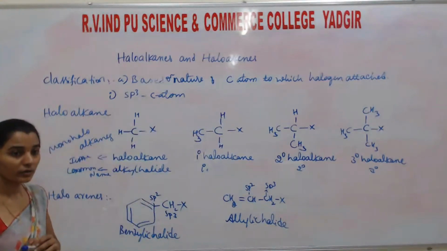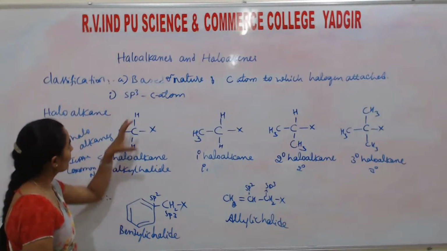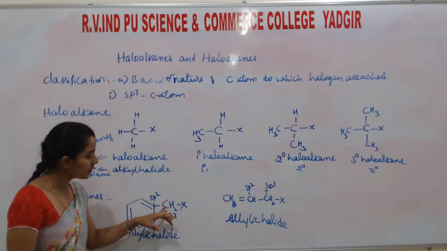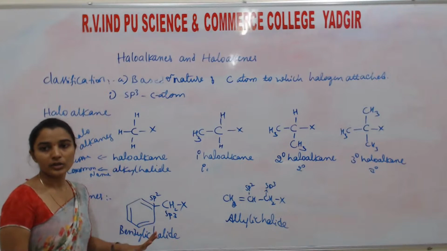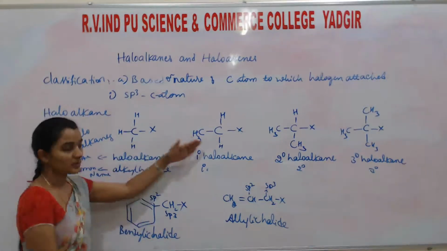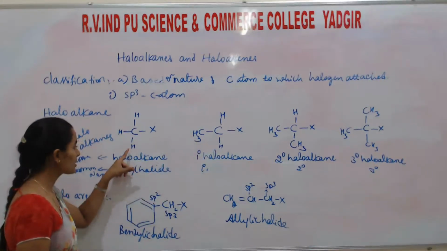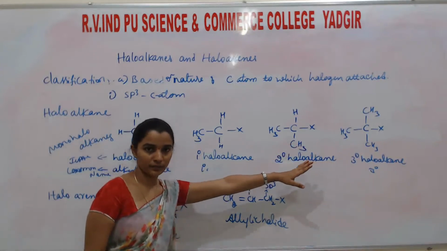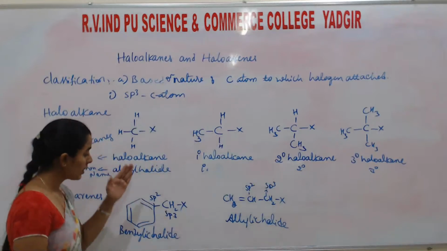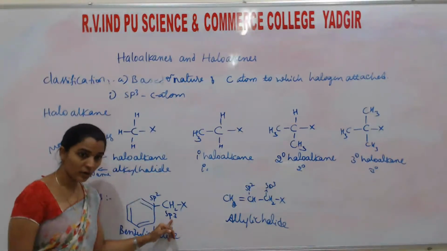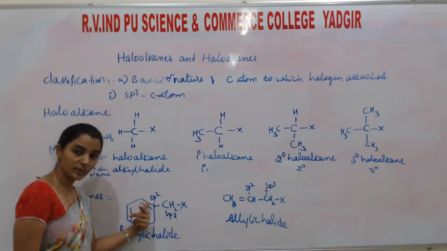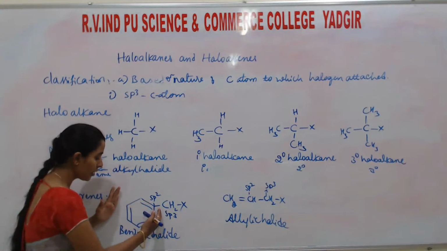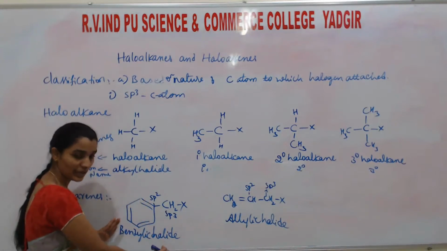Understand? Here the halogen is attached directly to an sp3 hybridized carbon atom, so it is classified as a haloalkane: primary, secondary and tertiary. If it is attached to an sp3 hybridized carbon which is further attached to an sp2 hybridized carbon, and that is a benzene ring, then it is a benzylic halide.